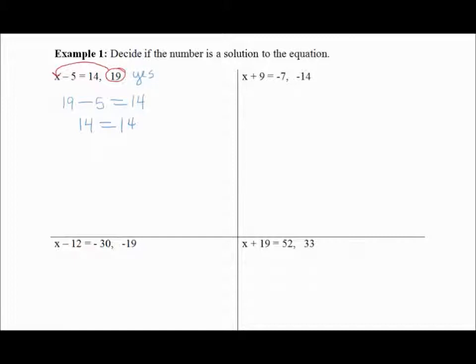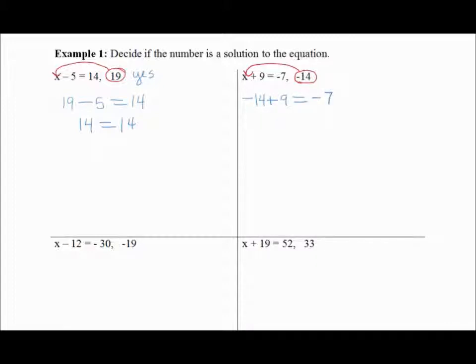When I check my next one, I have x plus 9 equals negative 7. I want to know, is negative 14 the solution to this equation? Because if it is a solution, when I make that substitution, it should be a true statement. Well, when I make my substitution, that becomes negative 14 plus 9 equals negative 7.